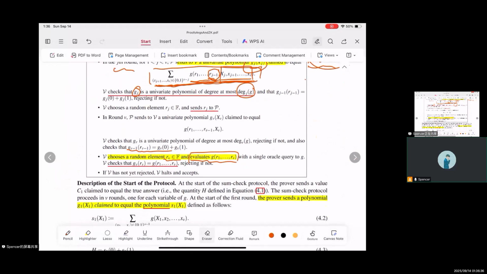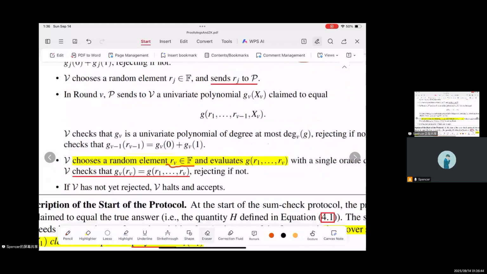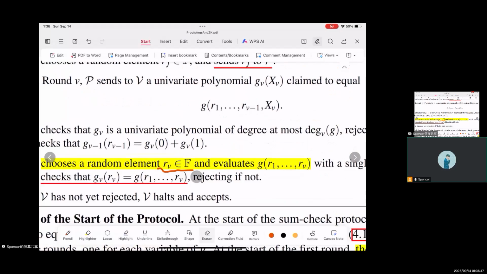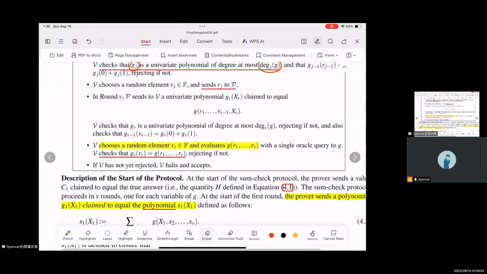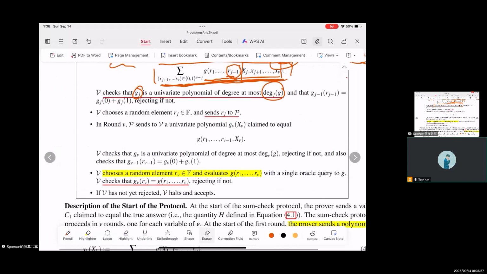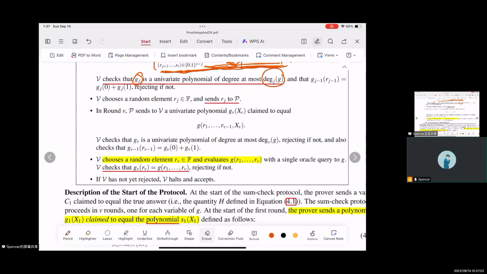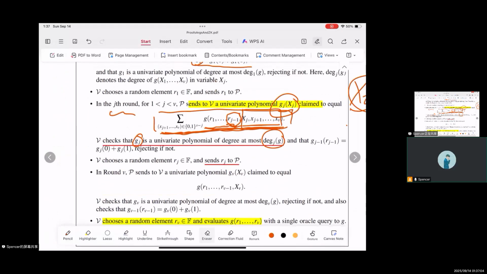And after it, if verifier has not yet rejected, then the verifier says this and accepts the proof, and then this protocol completes.